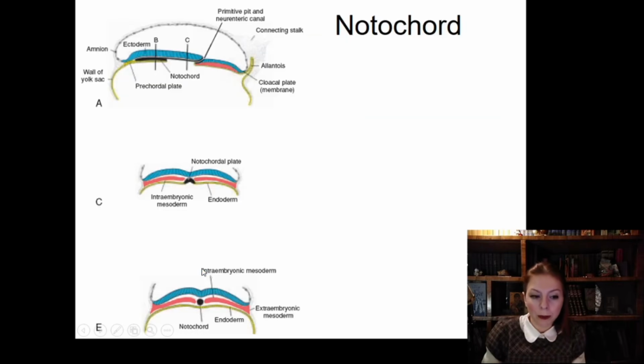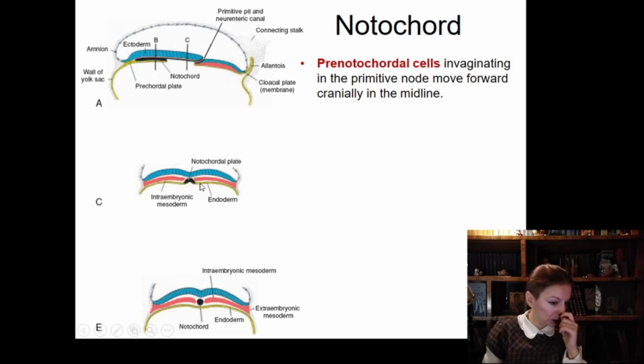The first population of cells migrating through the primitive node move forwards up to the oropharyngeal membrane, up to the precordial plate, and first they get intercalated into the hypoblast with the formation of the notochordal plate. So that's what is written here.